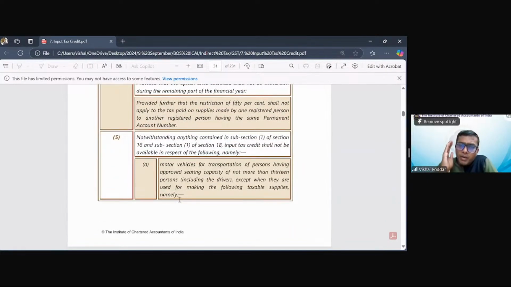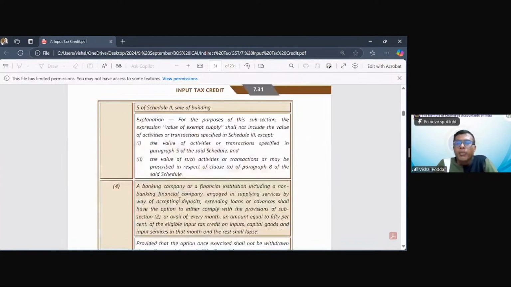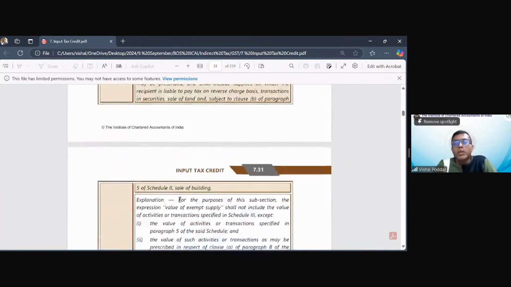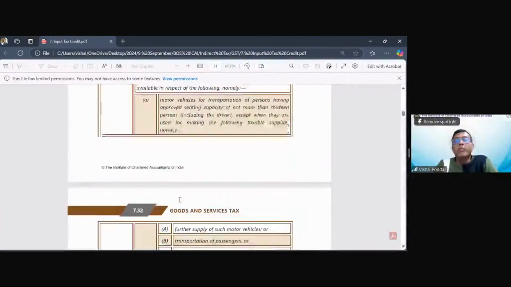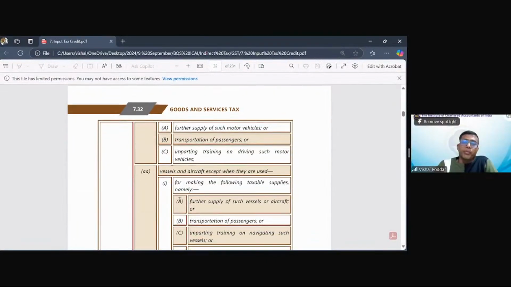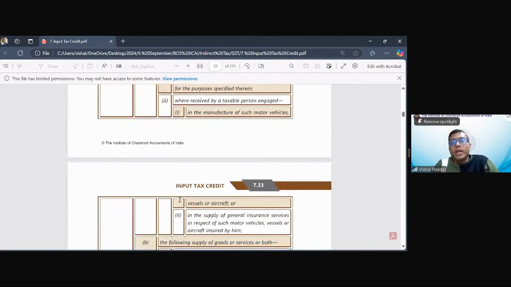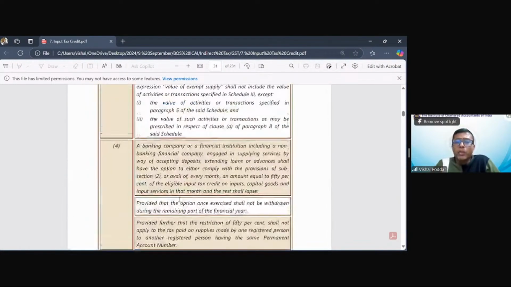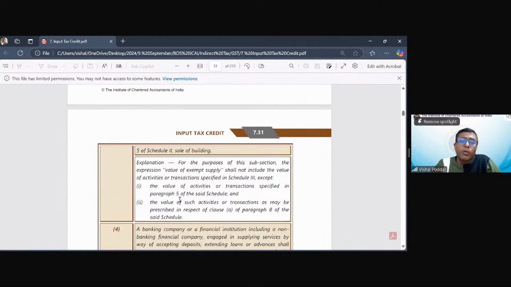So 17.5 completely blocks the ITC, whereas the first four subsections give you ITC, but proportionately. So wherever there is any problem, I'll not say default because it is not a wrongdoing at your end, but where you are fitting in any of these provisions, you are allowed ITC, but the ITC allowed is proportionate. And in 17.5, the ITC is completely blocked.